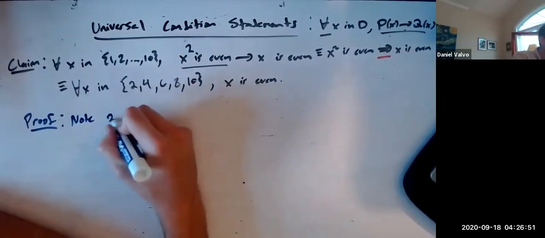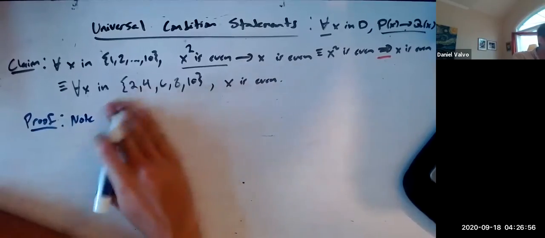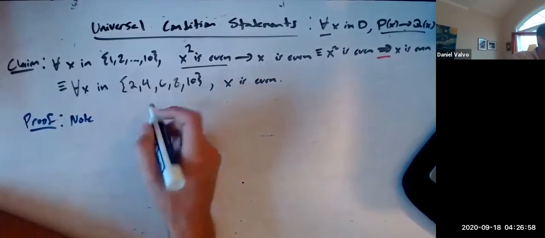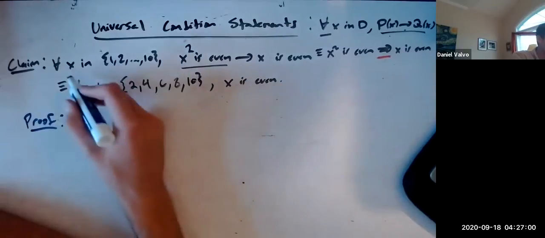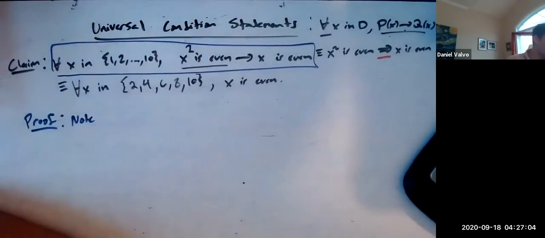So let's say, for example, you started with this claim. We know it's equivalent to this. Let's say we're trying to prove this claim right here.